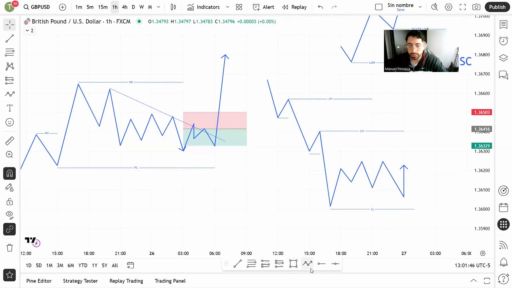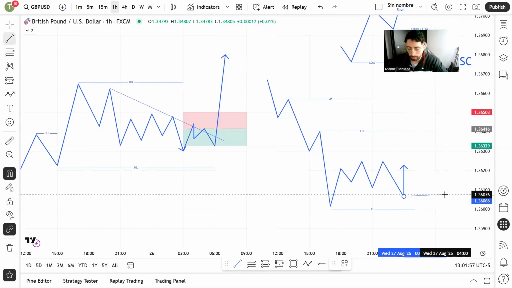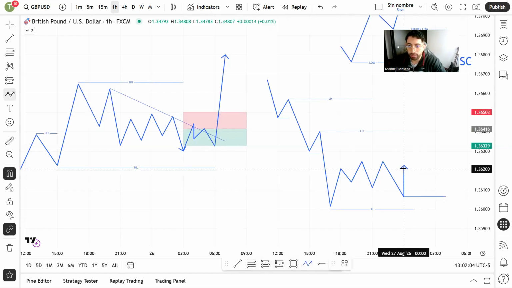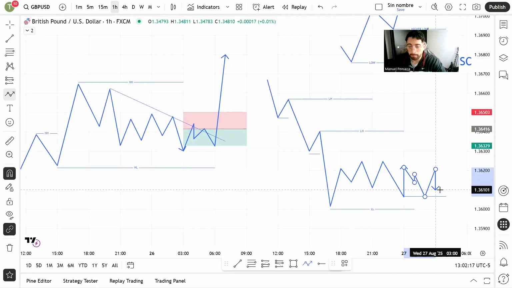But the price makes something like this. Imagine the market is actually right here. We see this, and we start thinking the price is going up. Why? Probably the price moves a little bit right here, makes something like this, and you start seeing a double bottom pattern, which is a bullish pattern.